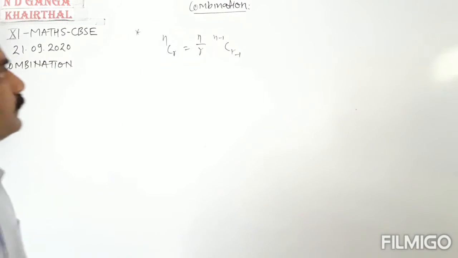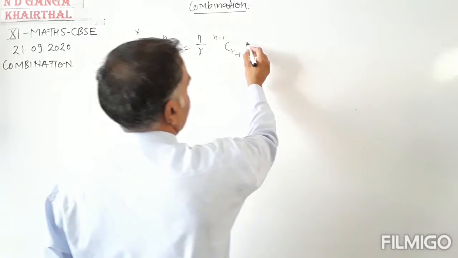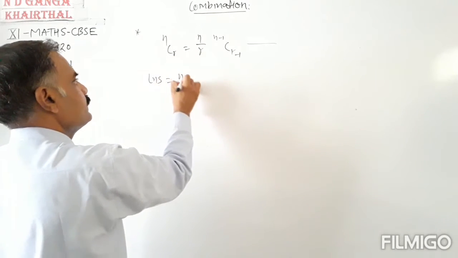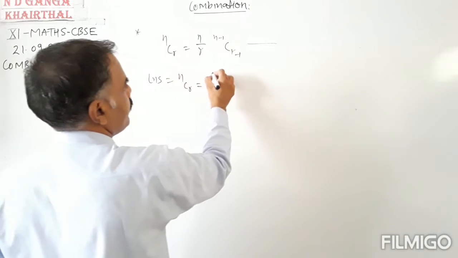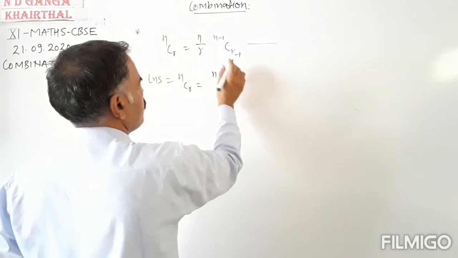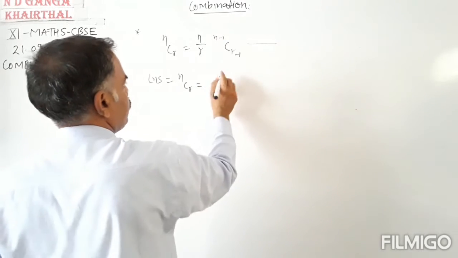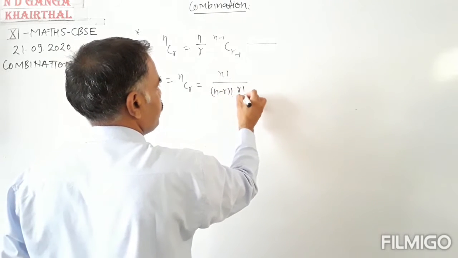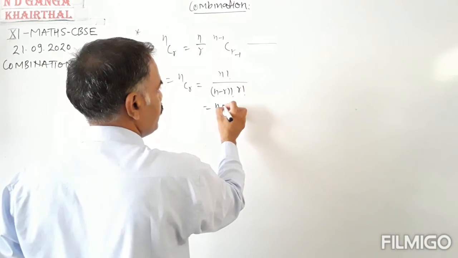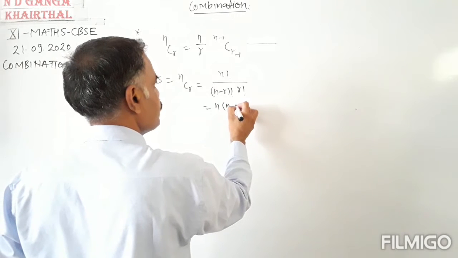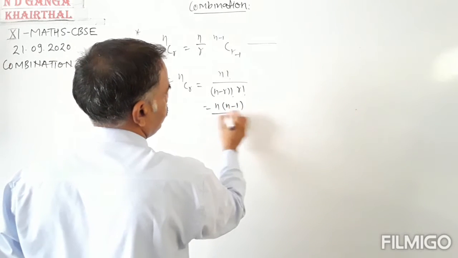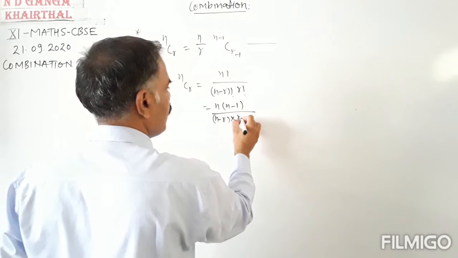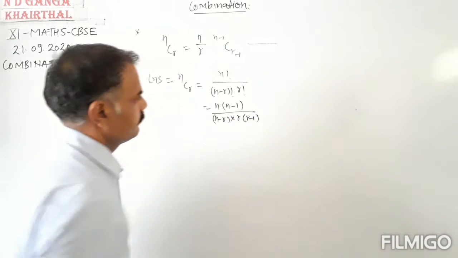This is one more property. Taking the left hand side NCR, it can be written as factorial n upon n minus r factorial into r factorial, which equals n into n minus 1 upon n minus r into r minus 1.